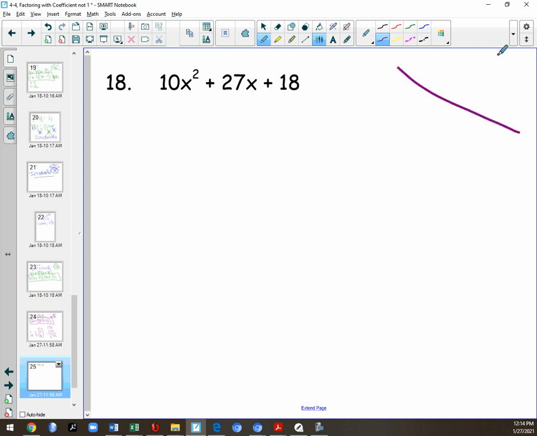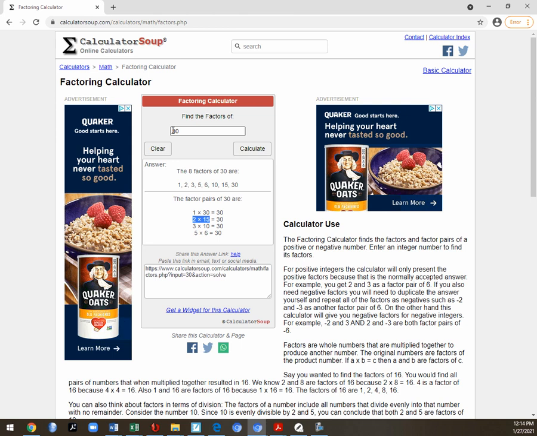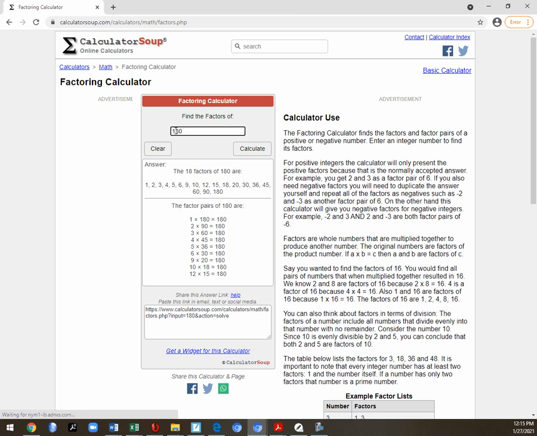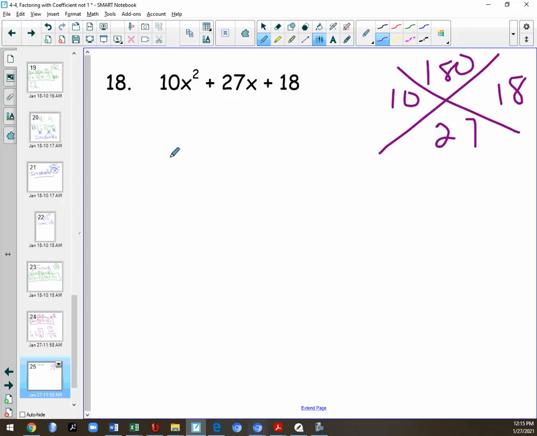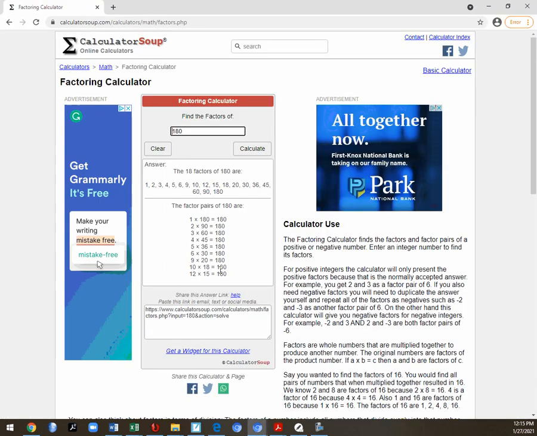So I'm going to draw my x. Here's my 10, here's my 18. That gives me 180, and I want it to be 27. So I'm going to find factors of 180 that are going to add to give me 27. Well, that is going to be 12 and 15.